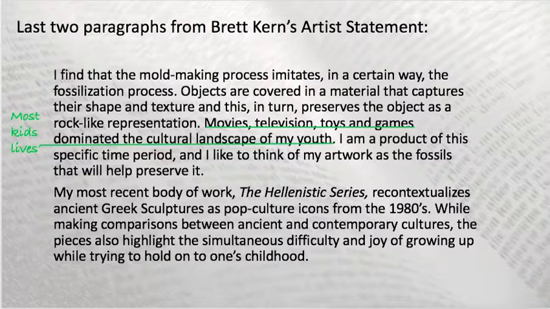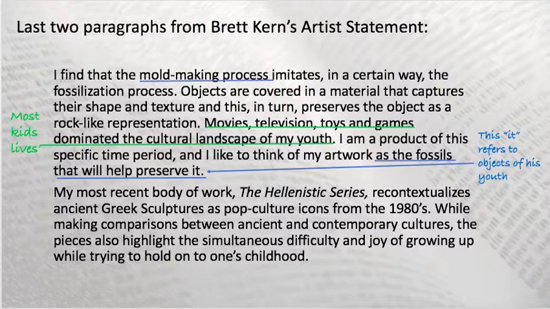And then he says, the fossils will help preserve it, and that "it" is referring back to the movies, television, toys, games, and dominant cultural landscapes of my youth. So I'm going to put blue on those things so that we can remember these are the key points, the things that this artist is trying to focus on. He's using the mold making process to create fossils to preserve the objects of his youth that we highlighted up here in green.